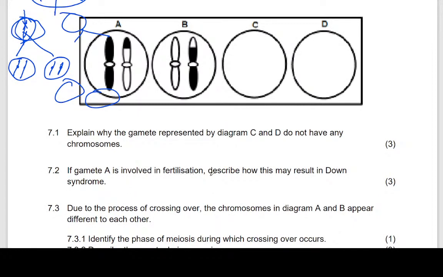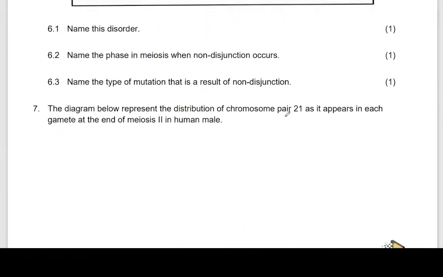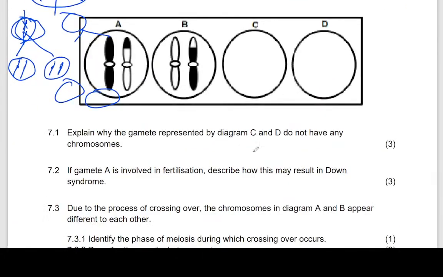Is involved in fertilization, describe how this will lead to Down syndrome. So if it happened on, did they say it? Yes. You see? And then they say it is a human. Then automatically, now we know it occurred on chromosome number 21.